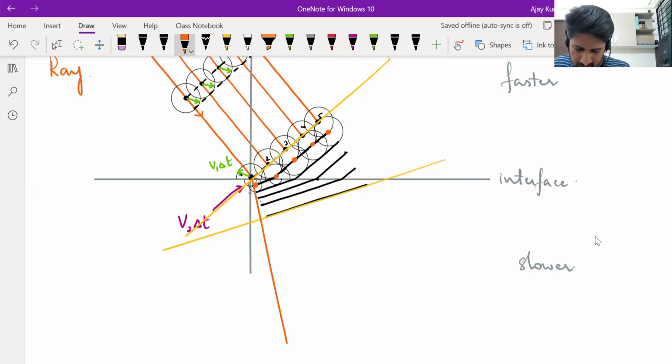So let me complete this picture, just a moment. So this parallel beam, which was traveling like this, every wave of that parallel beam now bends. Now it changes its direction.